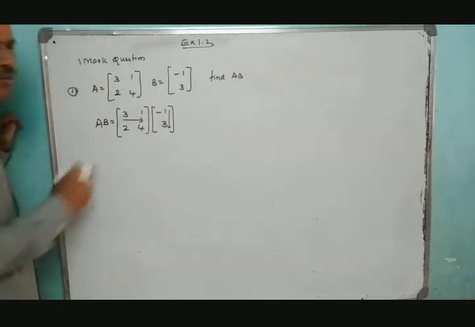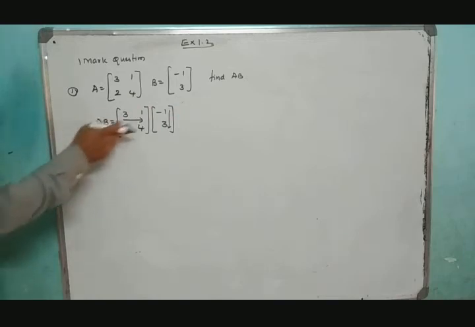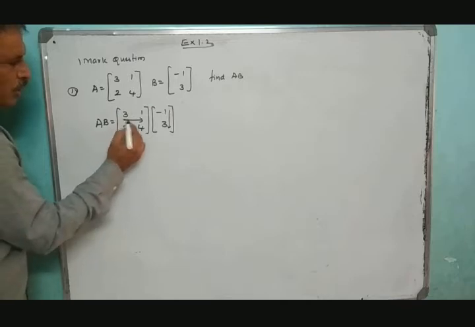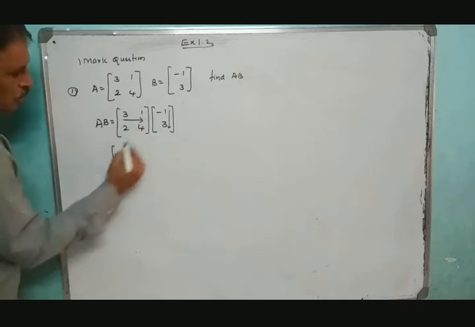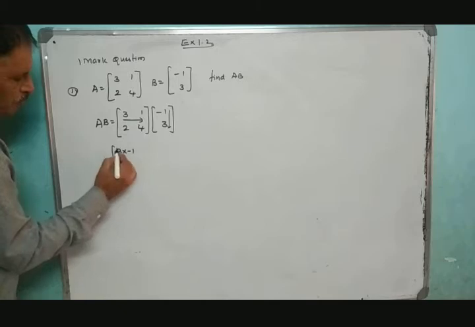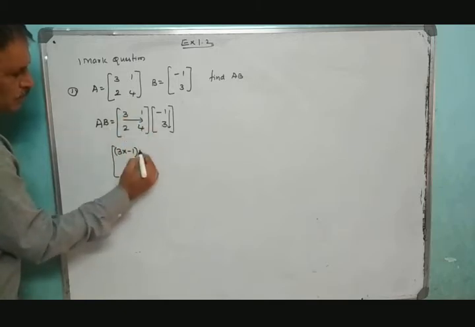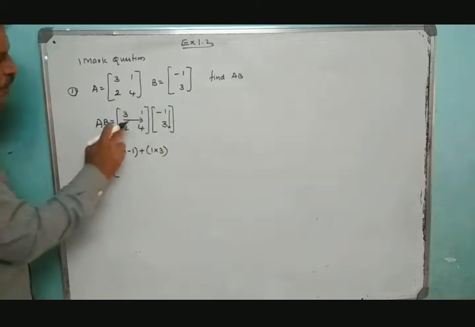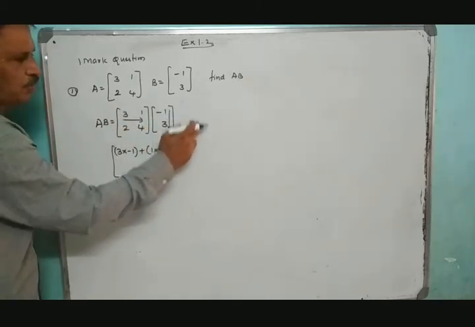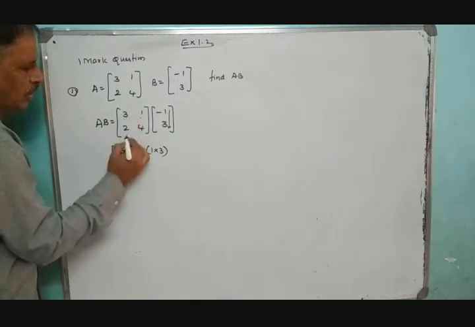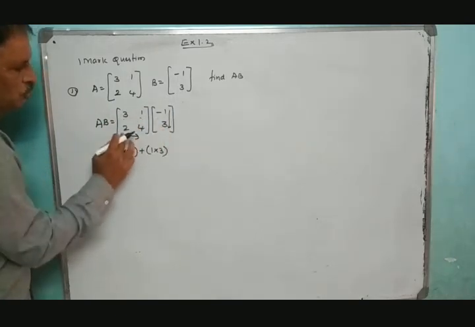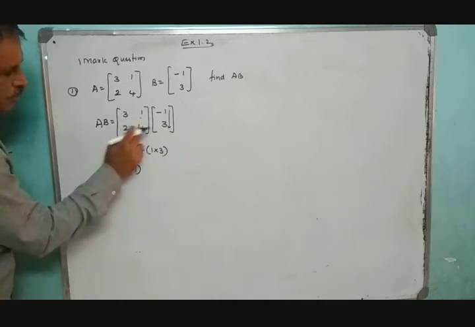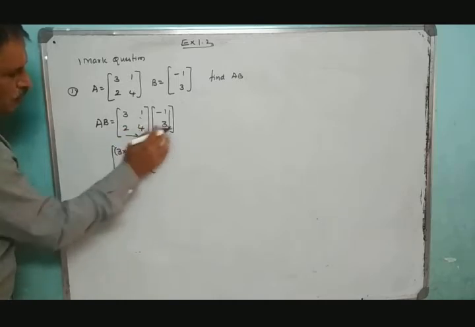But in this case we have only one column, so these two rows will multiply with one column. First row, first column: 3 into -1 plus 1 into 3. There is no second or third column, so it is finished. Next, second row with first column: 2 into -1 plus 4 into 3.